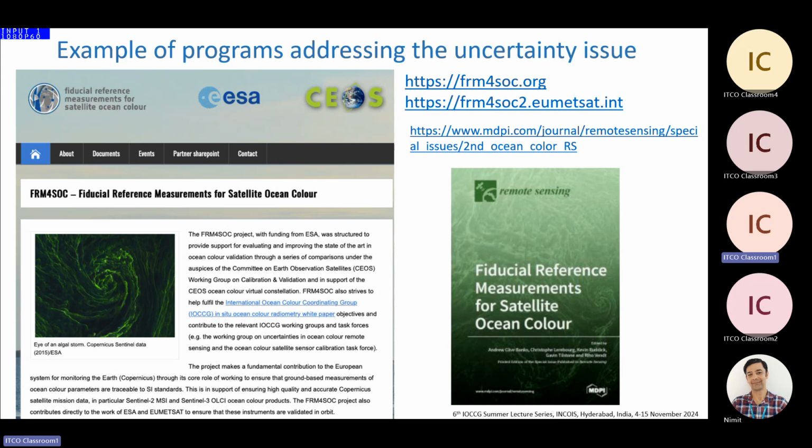So they came up with this fiducial reference measurement concept, which is supposed to mean a measurement coming with as comprehensive an uncertainty budget as possible, an uncertainty budget derived following very specific protocols. At least if they have this, they can consider that they are ingesting data of the required quality for their validation work.